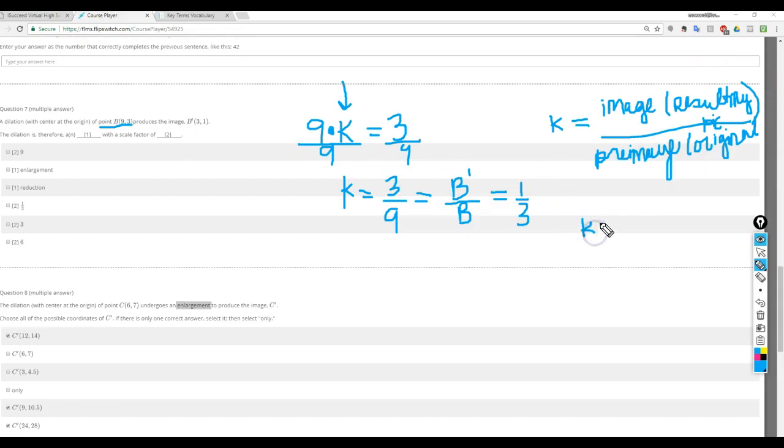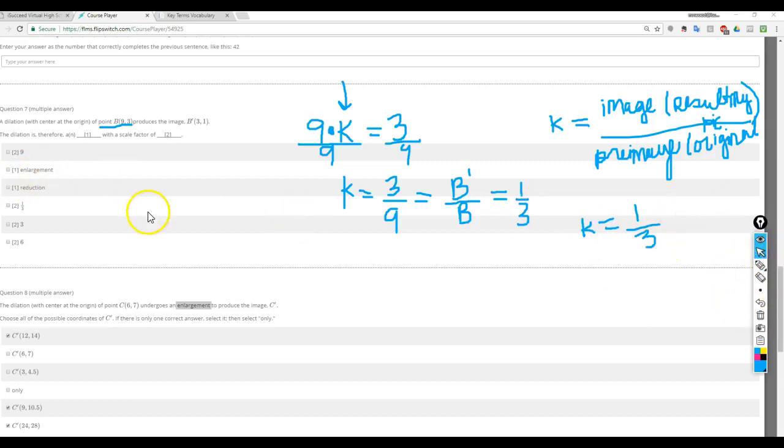And I'm going to use how I set it up in my notes to check the y-coordinate scale factor. So the y-coordinate of our image, or our resulting product, is 1, and the y-coordinate of our original was 3. So our scale factor equals 1/3. They are the same.